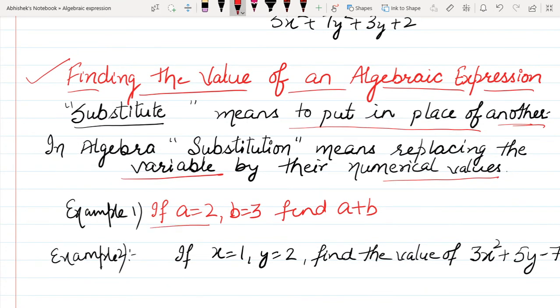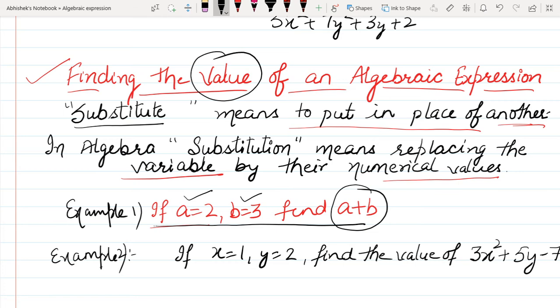Look at the first example. If A is equal to 2, B is equal to 3, then find A plus B. So A and B are variables. A plus B is an algebraic expression, and we want to find the value of this algebraic expression. To find it, we will substitute the values of A and B in this expression.